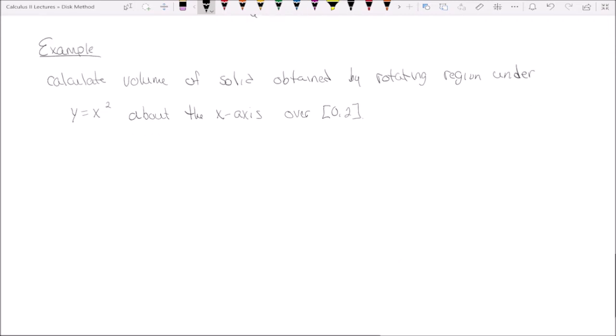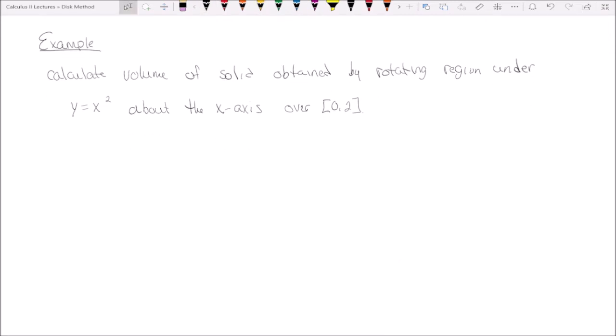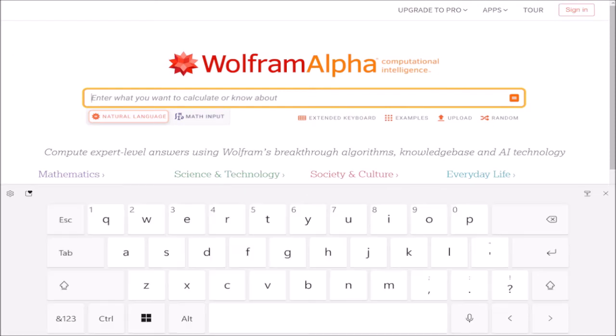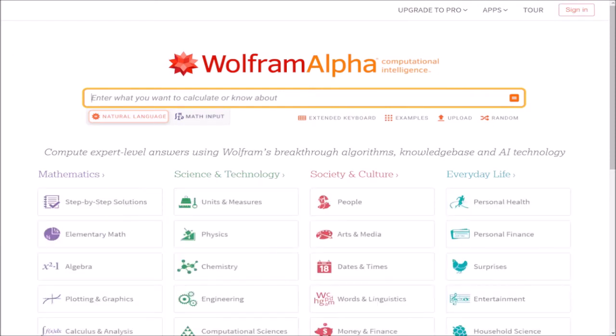Okay, well, first let's try and get a visual. Wolfram Alpha is extremely useful for this. Region under y equals x squared over 0 to 2.